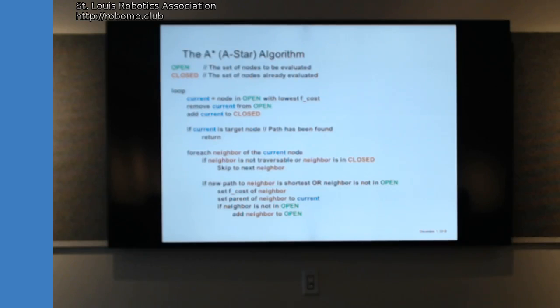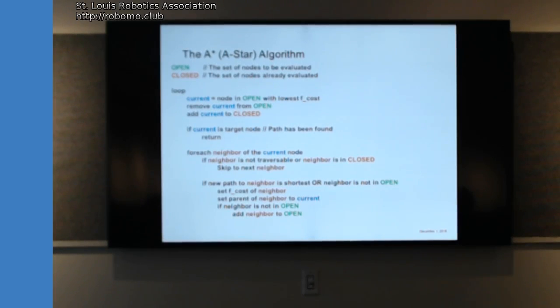You can leave. But if it's not, for each of the surrounding neighbors of that start node, if it's closed, just skip it. If I've been to it, or it's an obstacle, board edge, whatever, just go to the next one.